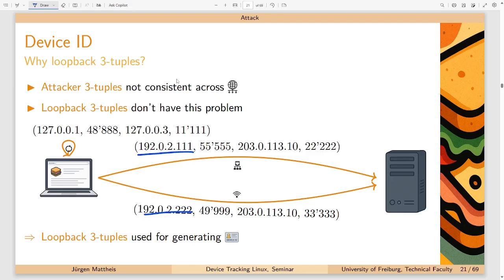That means that attacker 3-tuples are not consistent across networks, and loopback 3-tuples don't have this problem because they always just stay within the device.